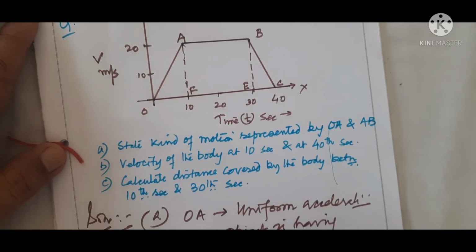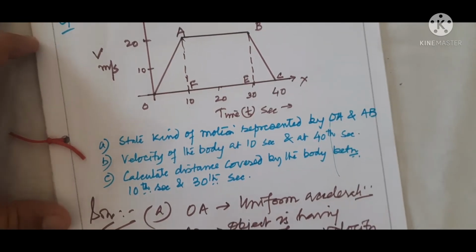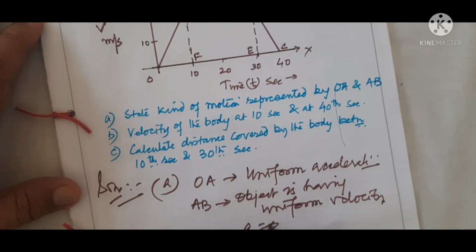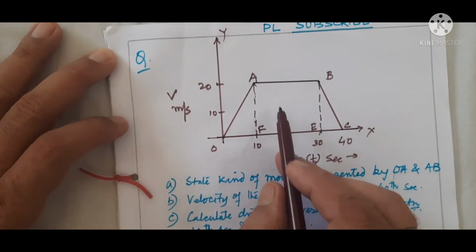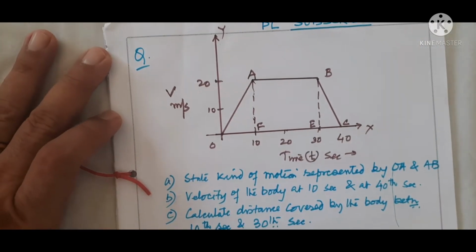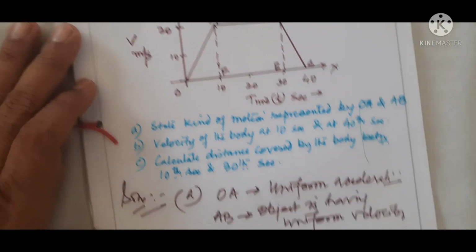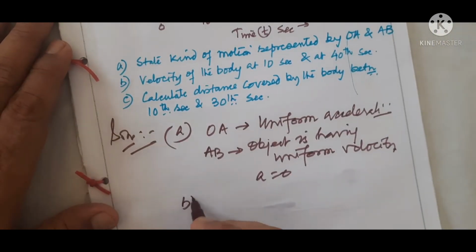Uniform velocity means acceleration is 0. There is no change in the velocity, so acceleration is 0. Right? Now, second part B.